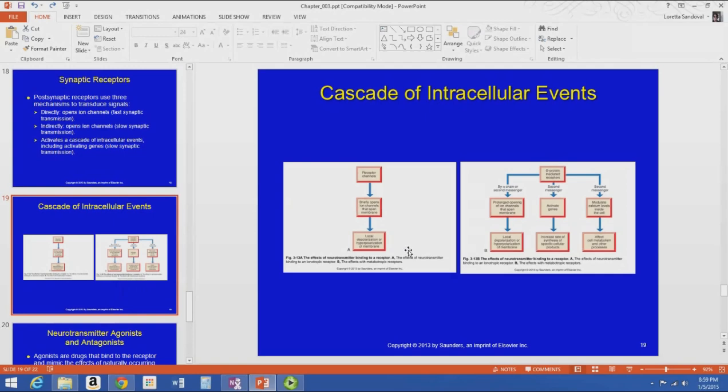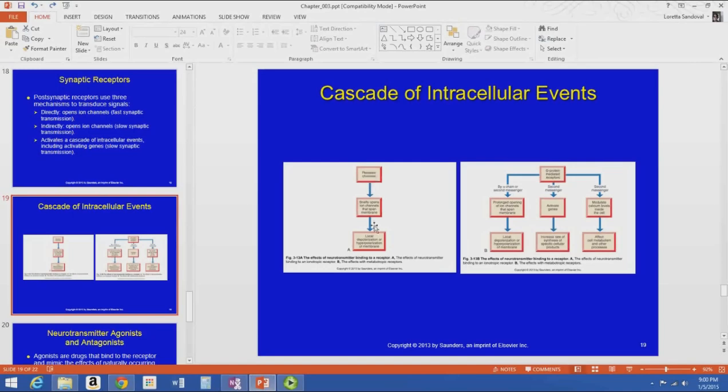The only one I want you to look at, just as a way of showing the different things that could possibly happen from a neurotransmitter receptor, is on page 59 in chapter 3, and it's right here on the screen right now. So the neurotransmitter binds to a receptor that's an ion channel.